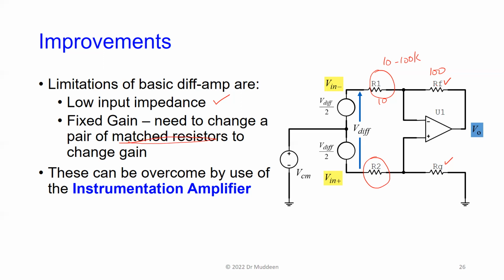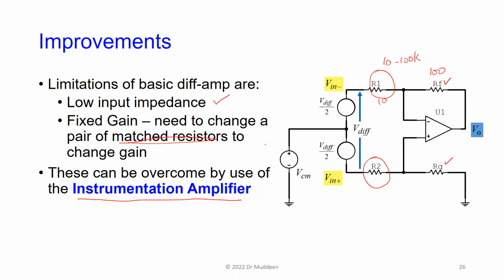So how we do this, instead of going to that level, is by another configuration. We're going to add two more operational amplifiers to this and create an entire circuit. It's not a single device, it's a three-amplifier circuit that we call an instrumentation amplifier. And it overcomes all of these disadvantages. One, it has a high input impedance.